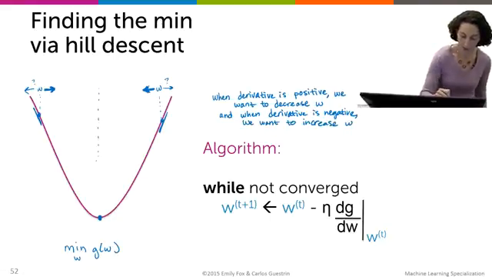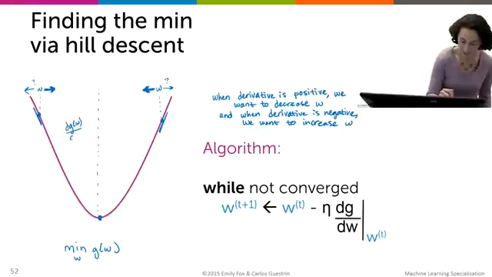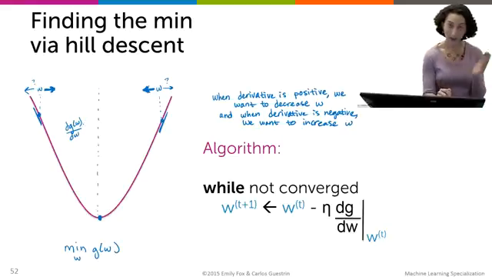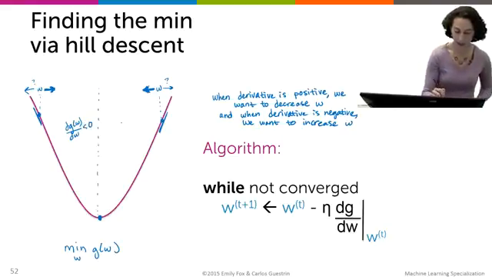So again, in this picture, I have that the derivative of this function g everywhere on the left-hand side of the optimum in this case is negative, everywhere on the right-hand side is positive.